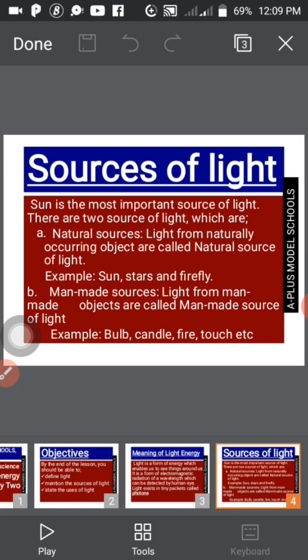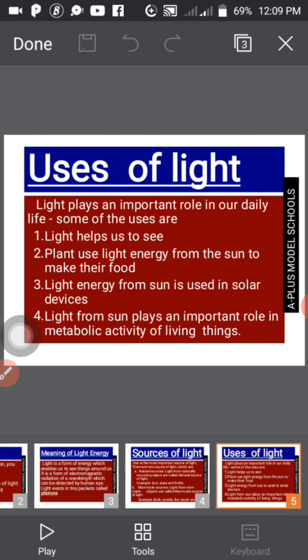Now let's move to the next slide, which is uses of light. Light plays an important role in our daily lives. And some of the uses of light are: 1. Light helps us to see. I have explained this earlier that it is with the help of light that we can see things clearly.